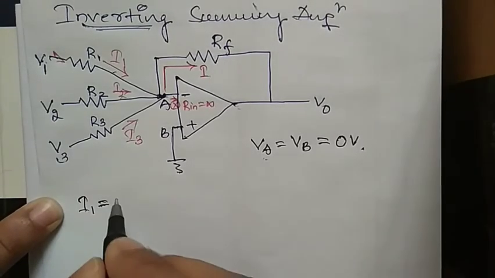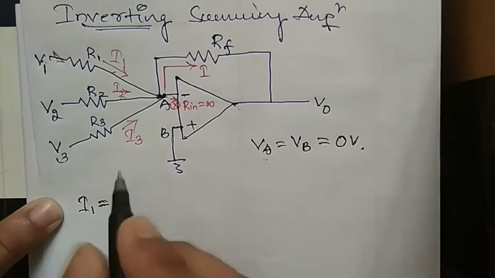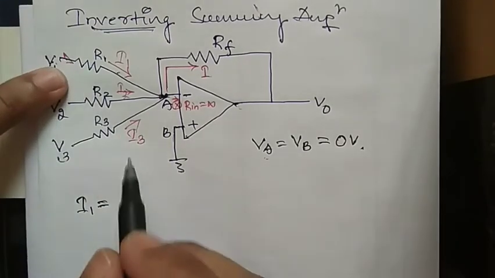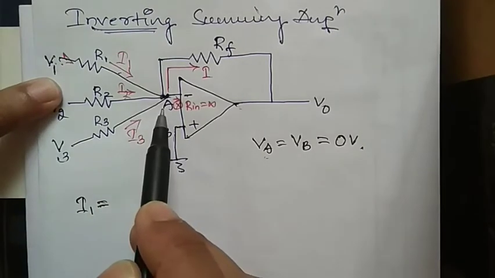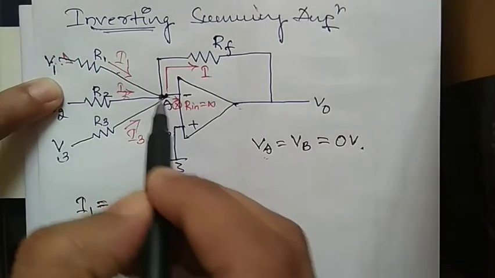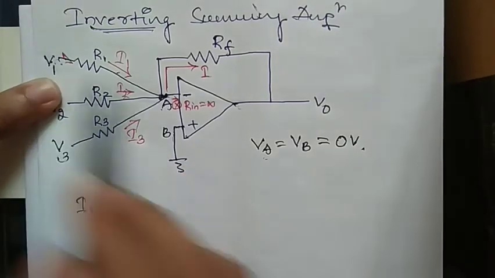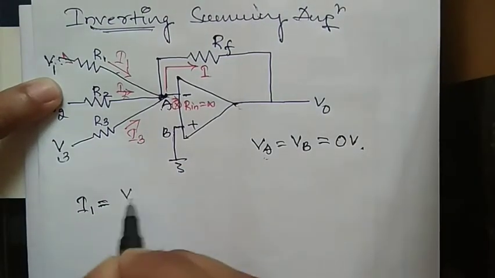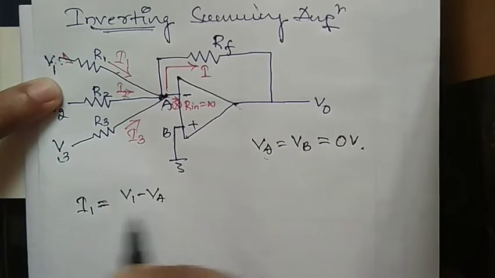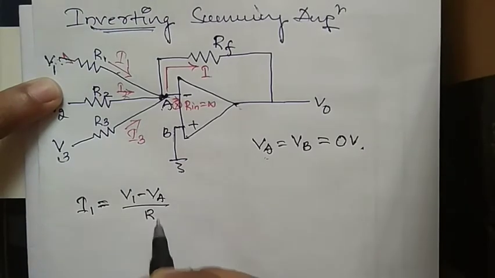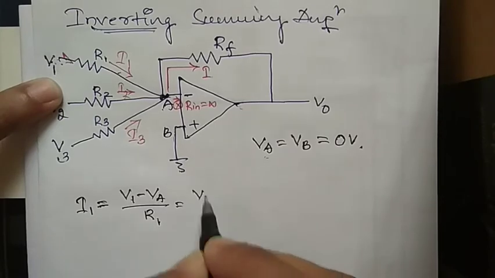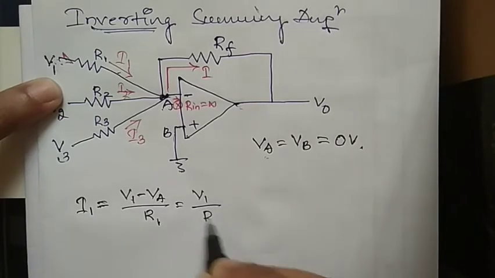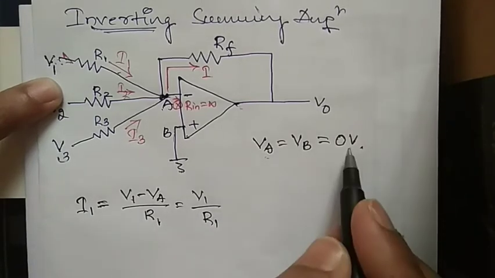So I1 equals, by Ohm's law, V by R, right? The reference is that current is flowing from V1 to VA, right? So V1 to VA, V1 minus VA divided by R1. So V1 minus VA means V1 by R1 because VA is 0.